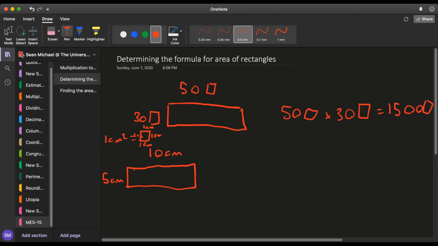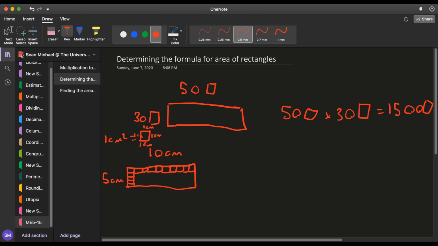So you would just have these little squares almost. 1, 2, yeah, these might not end up being perfect. So 1, 2, 3, 4, 5, 6, 7, 8, 9, 10. So you could have like 10 square centimeters along the top, and then you'd have 5 squared centimeters along the side.